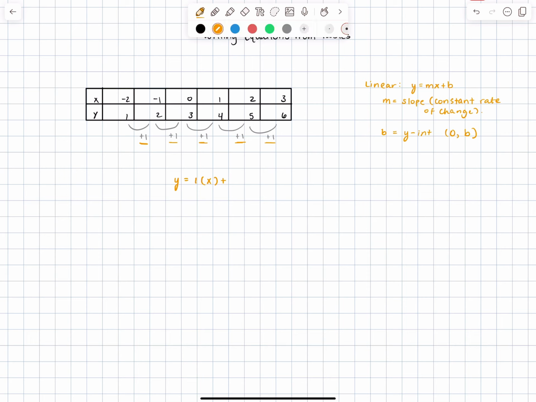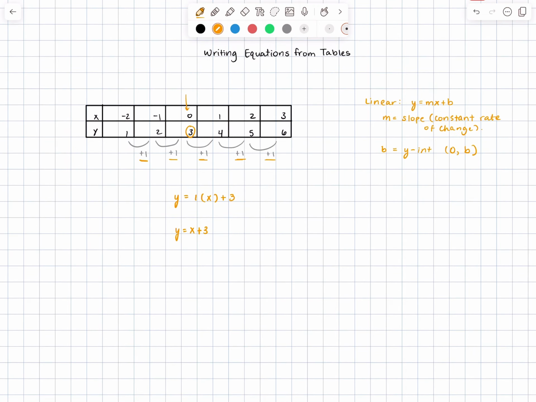So 0 for my x, and then we have a 3 for y, so it's going to be +3. And we can write this as y equals x plus 3 because 1 times anything is itself. So this is how you'd write an equation for a linear table.